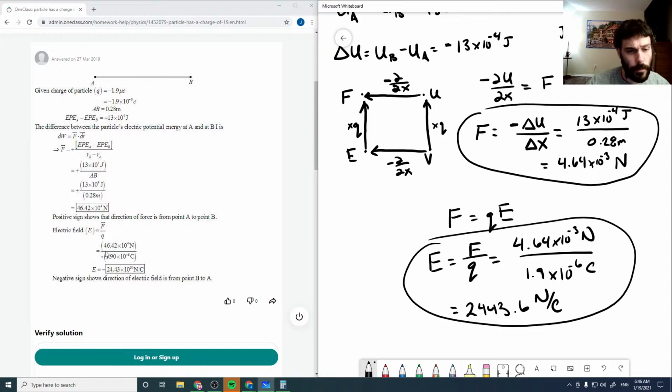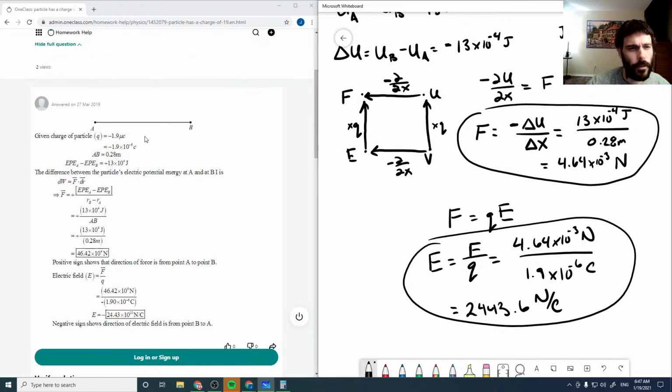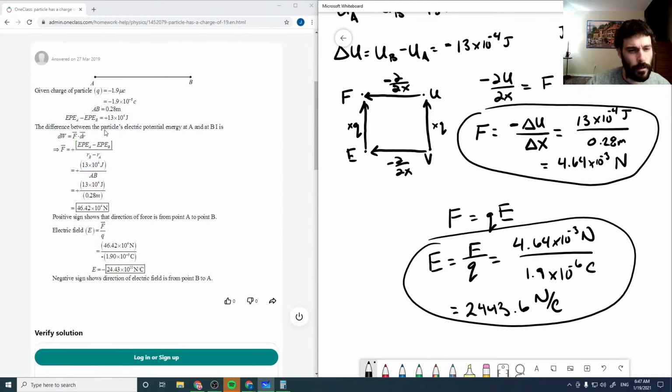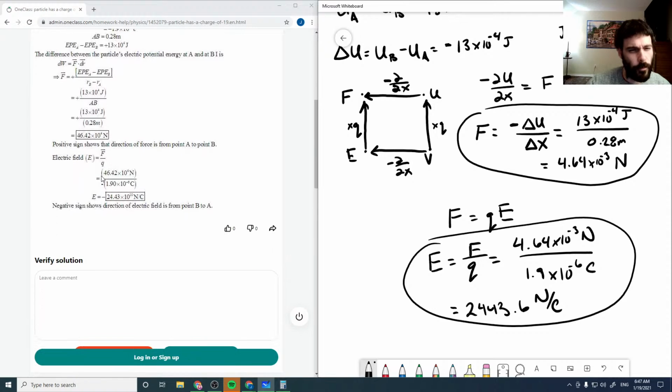And then the force is coming out to be massive. Why is that? 10 to the 4. It should be 10 to the minus 4, I see. Okay, so there's just a few sign errors throughout here.